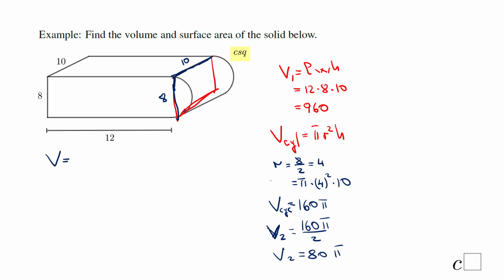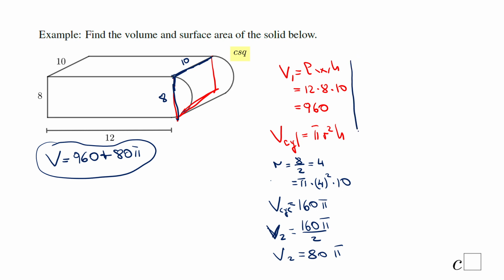Very simple now. We add 960, the volume of the prism, and the half of the cylinder, 80 pi. That's it. If you want to evaluate, you have to grab a calculator and do the math for that.